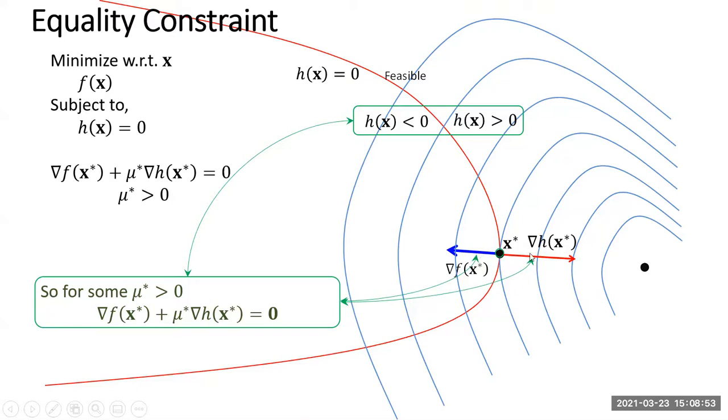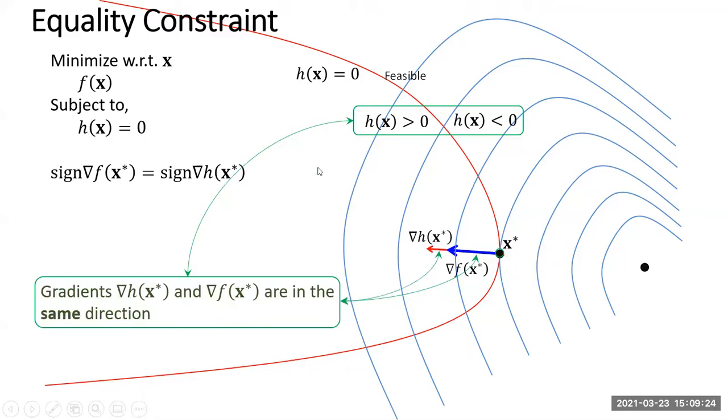They're in opposite directions, and if you scale this properly with this mu star, then they will cancel out. For some mu star, del f of x star plus mu star del h of x star equals 0. Right? Yes. And furthermore, this mu star has to be greater than 0 in this case, because the red arrow and blue arrow are in opposite directions.